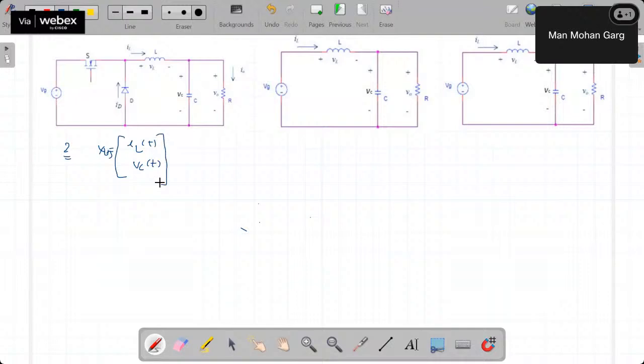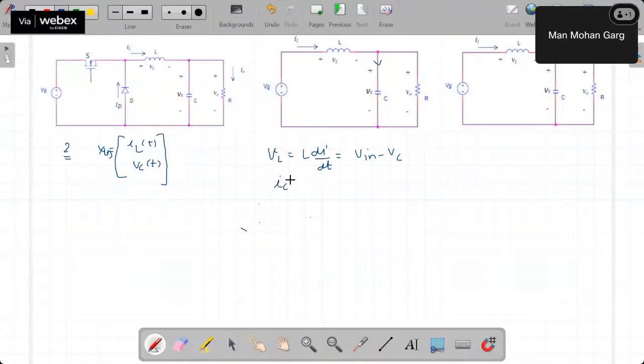Now my pen is not working properly, so you may face some difficulty while writing. So we just get equations from here. VL, which is nothing but L dIL by dt, equal to, in this case, V input minus VC, right? Second equation we will get for this current.